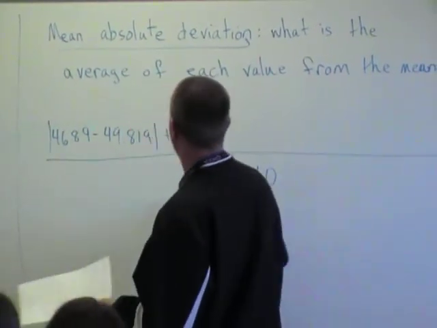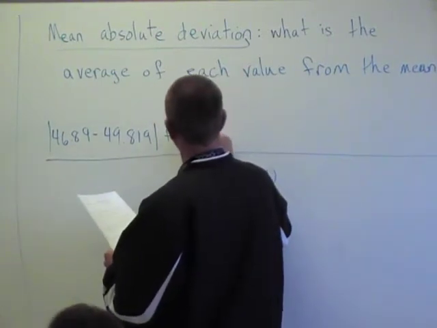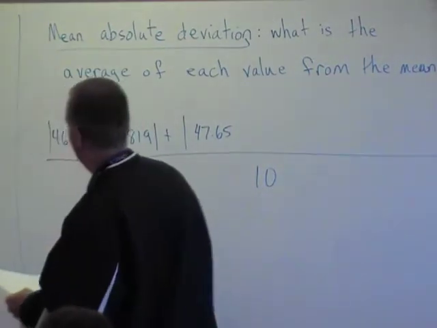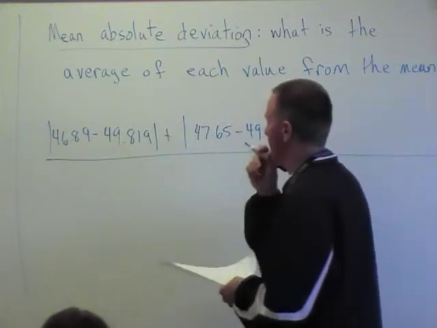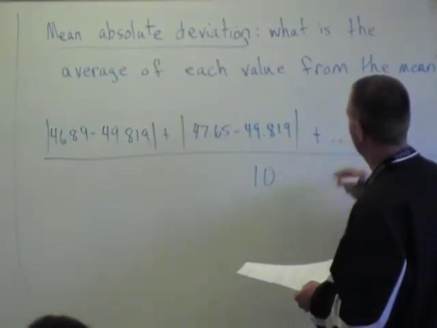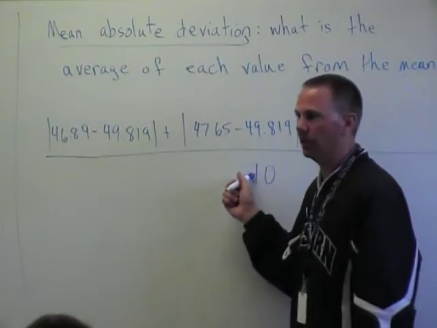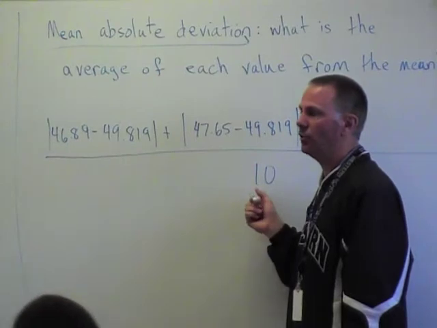All right, the next one is 47.65, minus the average, that's 49.819. Take the absolute value of that, and so on. Take a while. Just write this down. This is how you do it. So you find each of these differences, you add them all together, and you divide by 10.